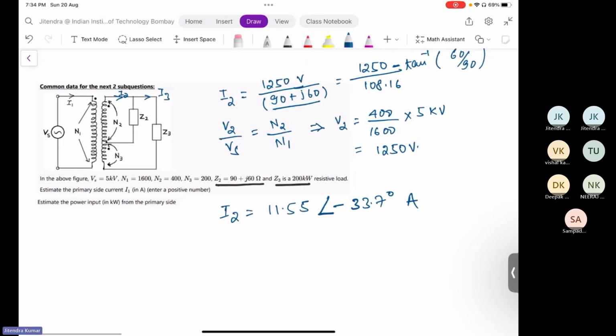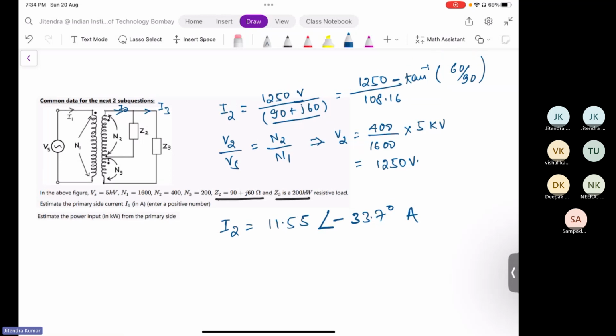Okay, I hope everyone is able to do the phasor calculation because it is very important and very easy as well. Sir, in a PC calculator we cannot solve this directly. In the virtual calculator you have to go with this step only. Whatever step I have written, first you have to compute the magnitude and then the angle. In a scientific calculator you can compute at once. So that is the difference.